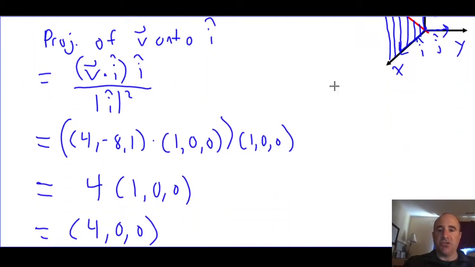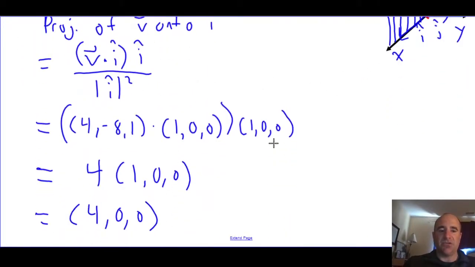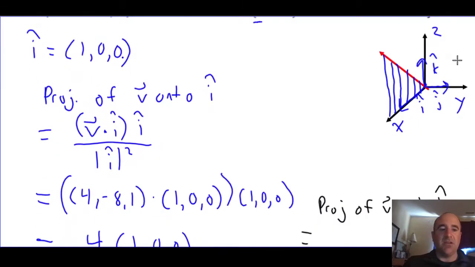So for example, the projection of v onto i is 4, 0, 0, whereas the projection of v onto j is just going to be the y number, so negative 8, and it will be negative.